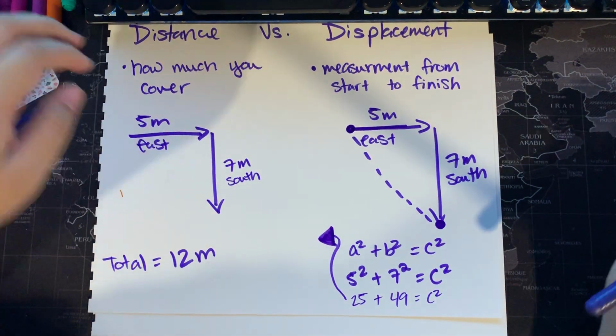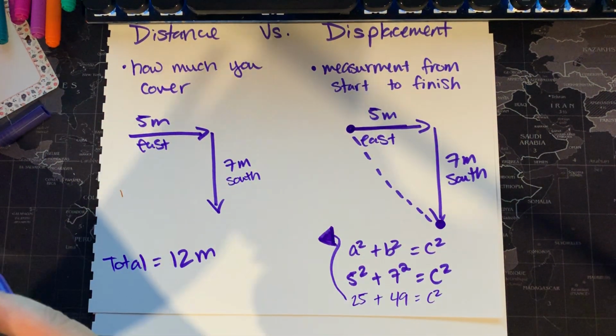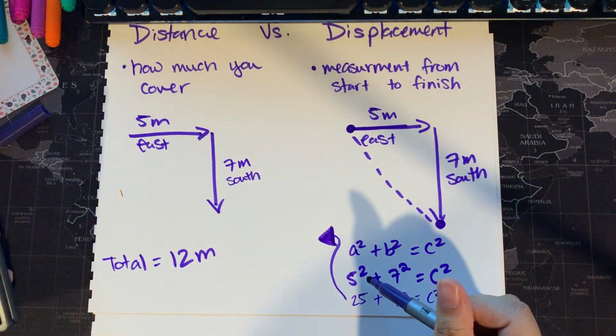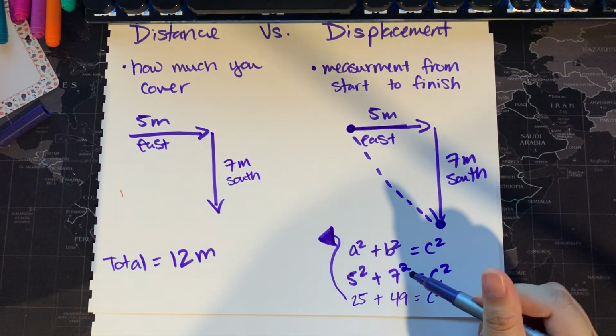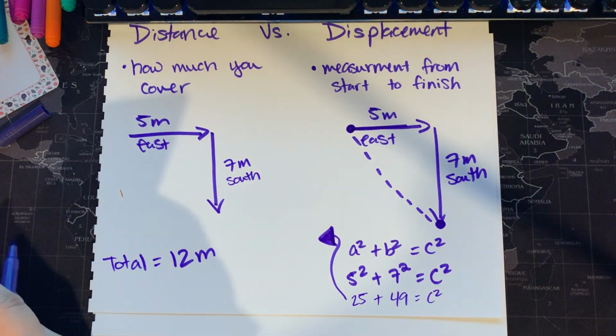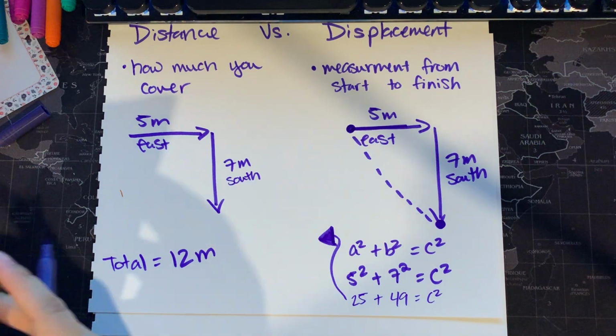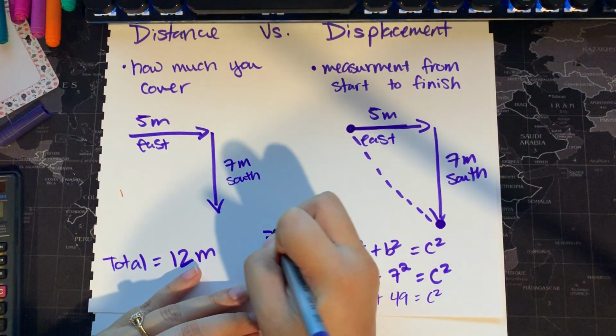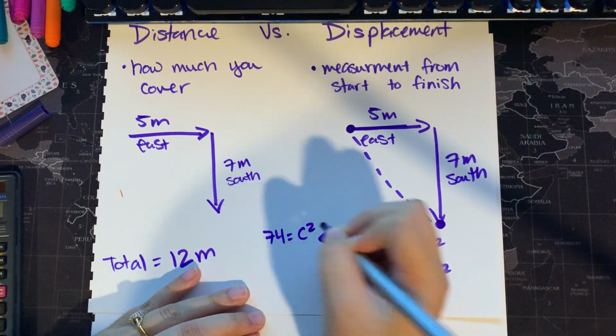Alright, so after you do Pythagorean theorem, solve it out. Okay, 5 squared is 25, 7 squared is 49. Now all you have to do is add them up. You have 25 plus 49. Do that in your calculators if you need to. Okay. You have 74 is equal to c squared.